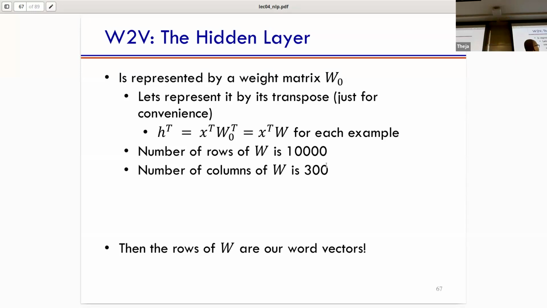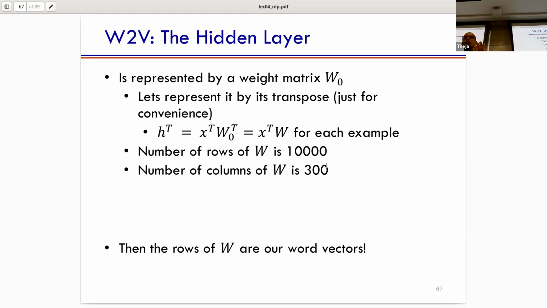The number of rows of W is now 10,000. So what's happening here? Think of X as a one hot encoded vector. If I multiply a one hot encoded vector with a tall matrix, 10,000 rows and 300 columns, say it's the one hot encoded vector for the word cat, then all this operation is doing is picking up the row corresponding to the index of cat.